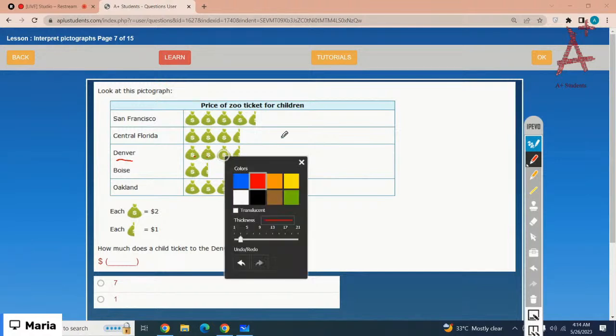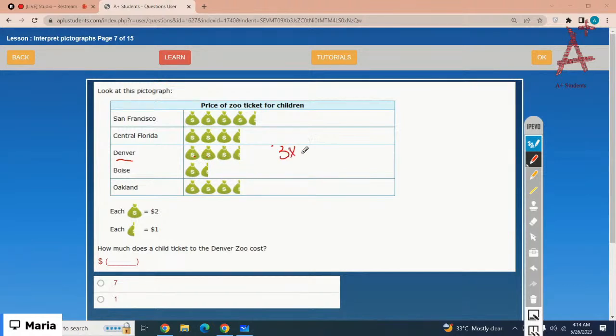You have three complete. So you have to do 3 times 2 and 1 half. Half means you have to add 1. 3 times 2 is 6 and 6 plus 1 is 7. That means the ticket for the child is 7. The correct option is 7.